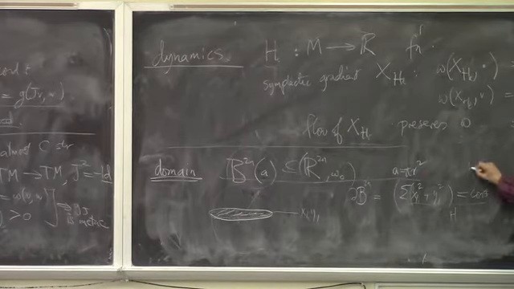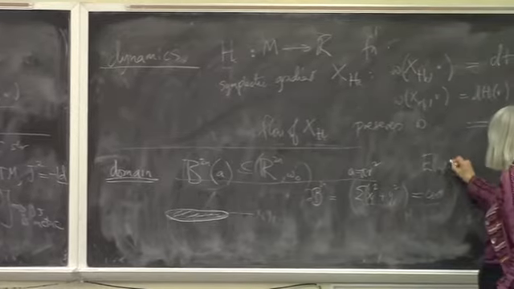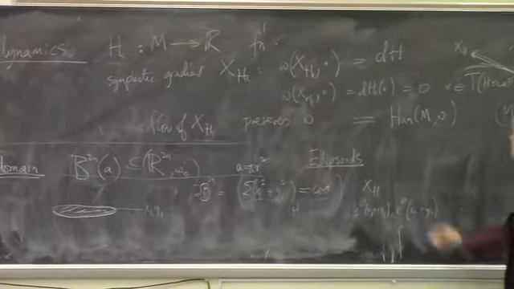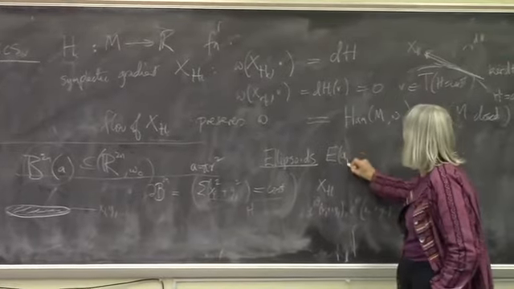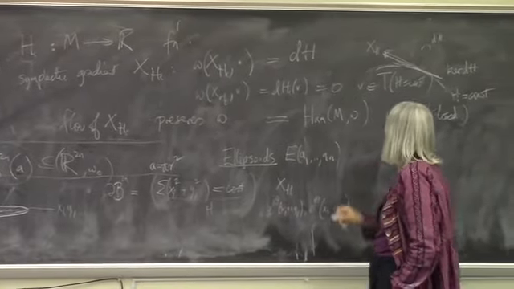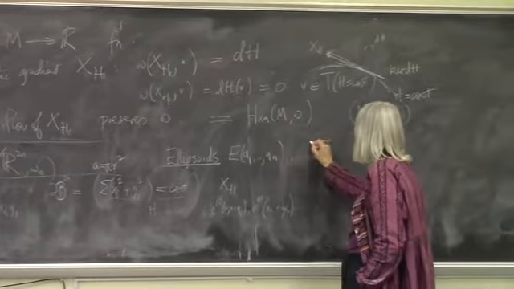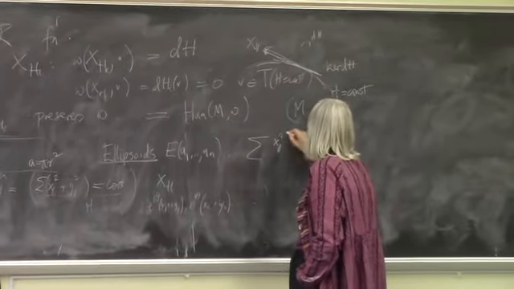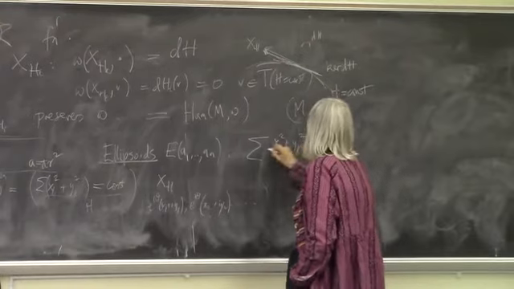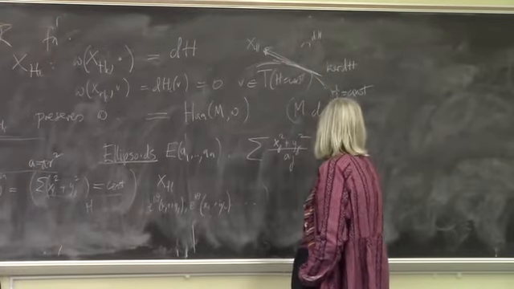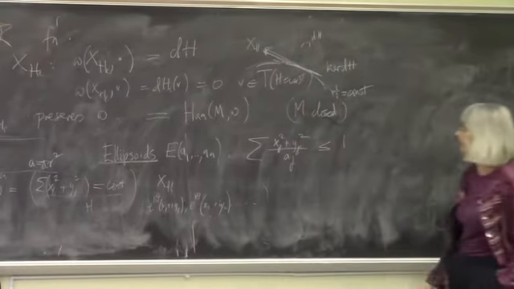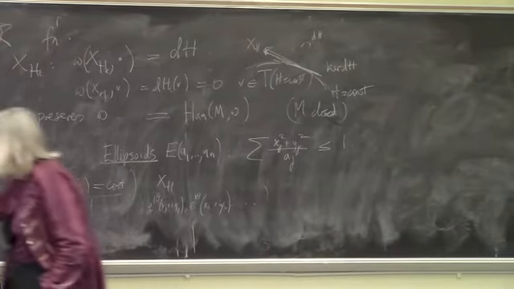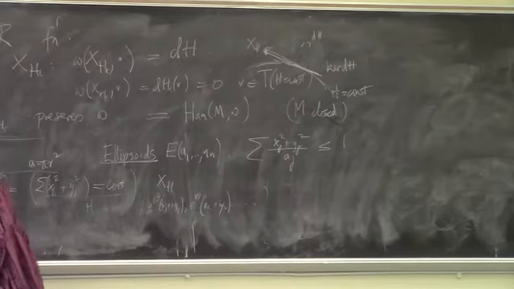You can take ellipsoids, which are very similar. They're characterized by numbers a1 up to an, where you'd be taking the sum of xj squared plus yj squared over aj less than or equal to 1. This would be just like a ball, except it wouldn't quite be so round.